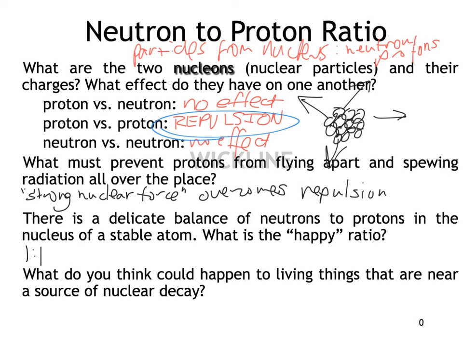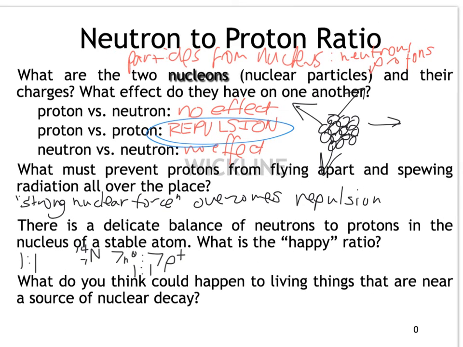Meaning if you are an atom of nitrogen and you have 7 protons because you're nitrogen, and your mass is 14, therefore 7 plus 7 is 14, and you have 7 neutrons. If you compare that to your 7 protons, you end up with 1 to 1. This ratio, 1 to 1, is indicating that the nuclide, nitrogen 14, is stable.